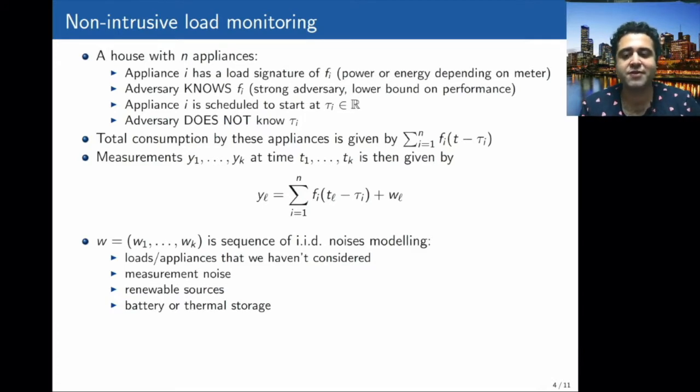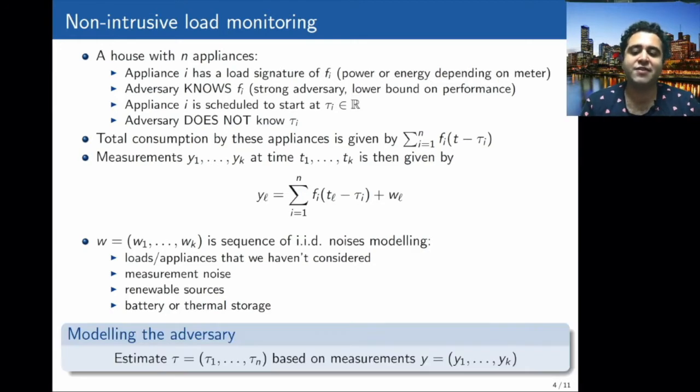If you think about renewable sources as being, for instance, generated by solar panels, and the generation of the renewable energy would vary across time based on the cloud coverage and other factors, then we would have an IID sequence of generation by the renewable sources. Or the noises could be those that we generate fictitiously using batteries or thermal storage to ensure privacy. That's an approach that has been pursued in the smart meter privacy literature extensively in the past.